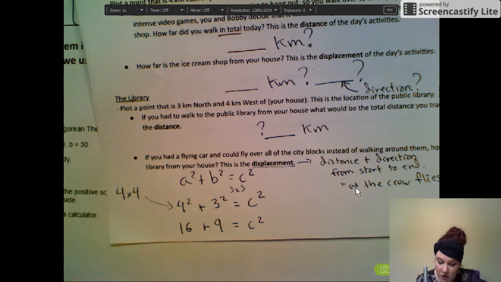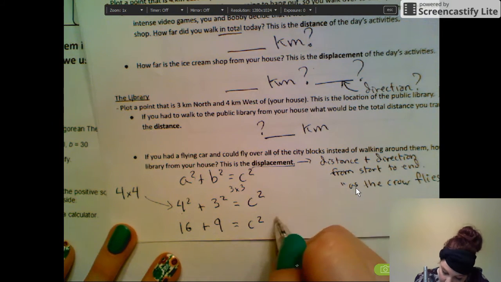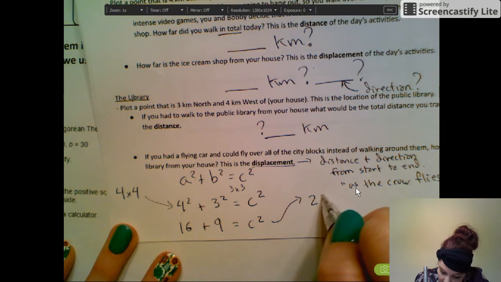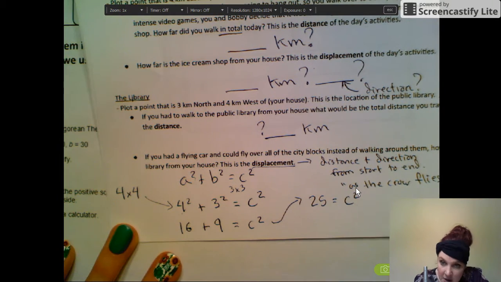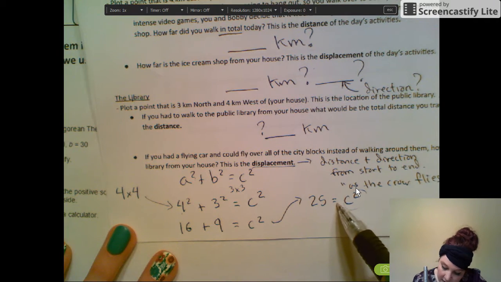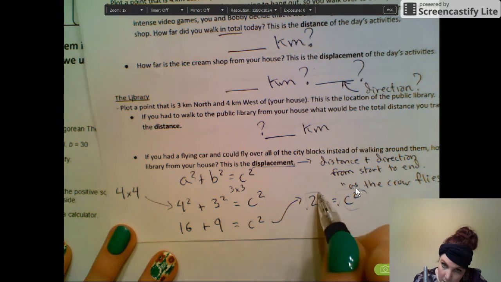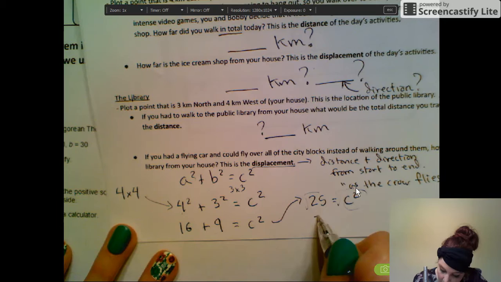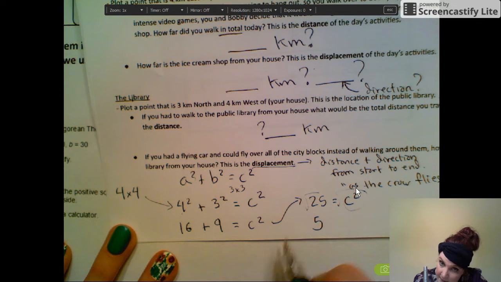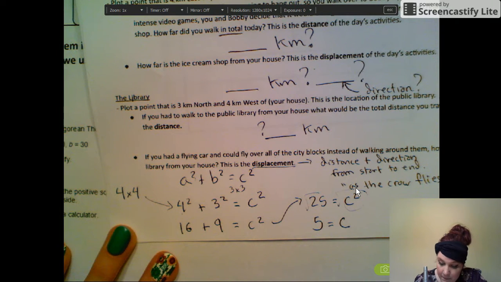So we're doing a little bit of algebra. We do 16 plus 9 in my calculator, and I get 25 equals c squared. Now we're not done yet because we've got this square here. In order for us to get rid of a square, we need to take the square root. If we take the square root of 25, we know that 5 times 5 equals 25. So 5 equals c.